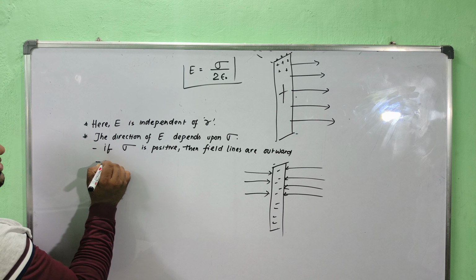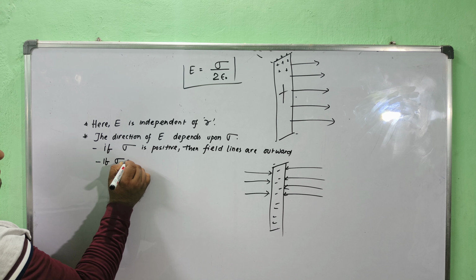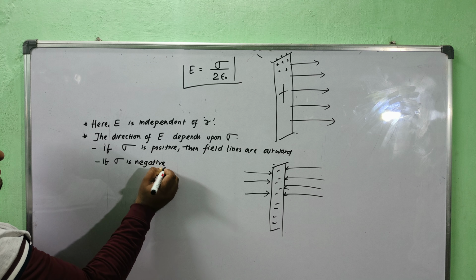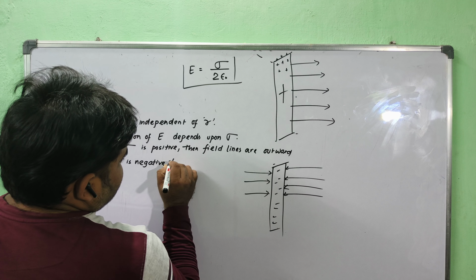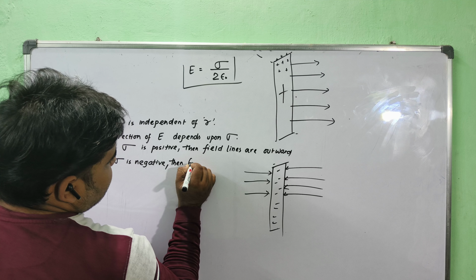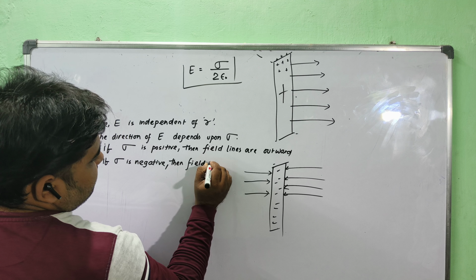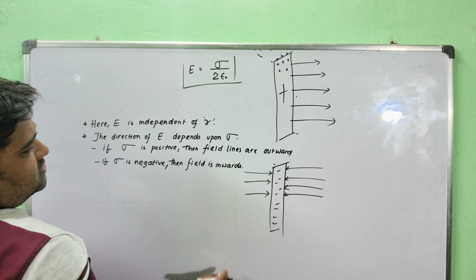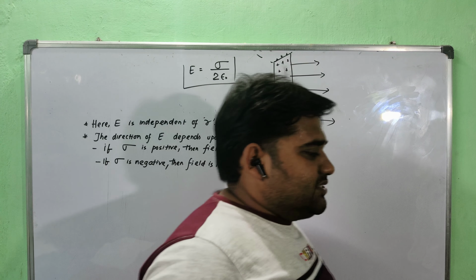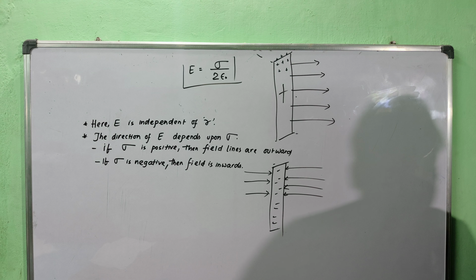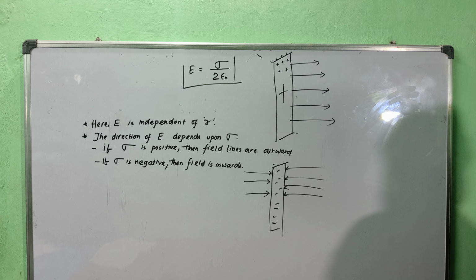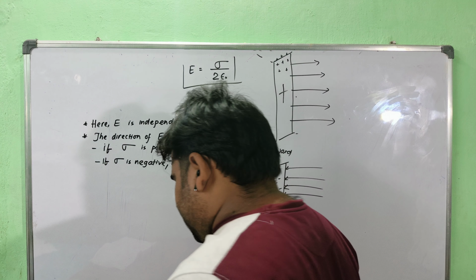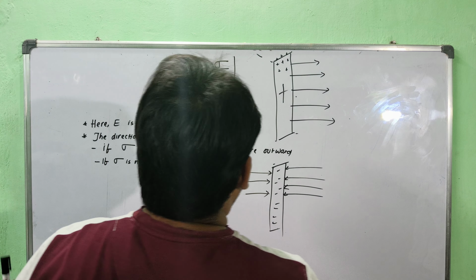Another subpoint: if sigma is negative or the charges are negative, then the field is inverse. You can note these points because these are important points. After this, we are going to do an example, and after that, you will understand it better.